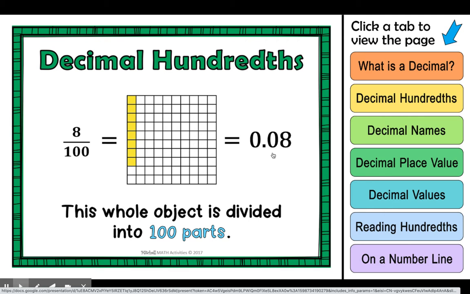So you're going to read the number name that you see and then say its place value position. Since this 8 is 2 spots away from the decimal point, 1, 2, it's in the hundredths place, 8/100ths.